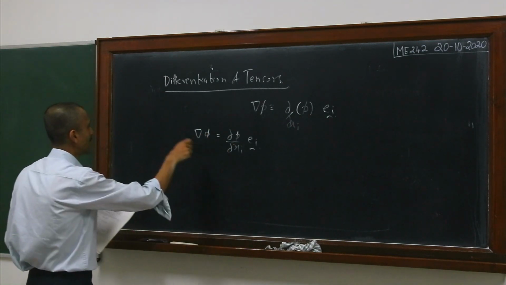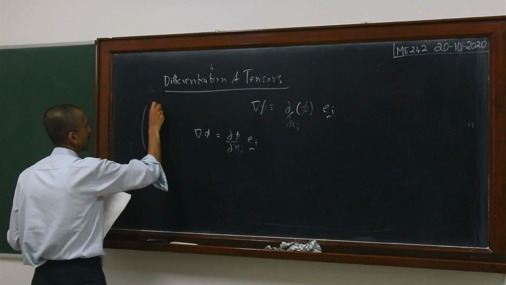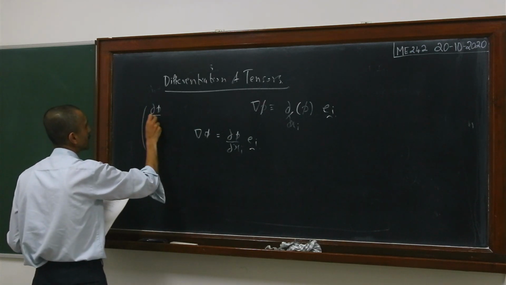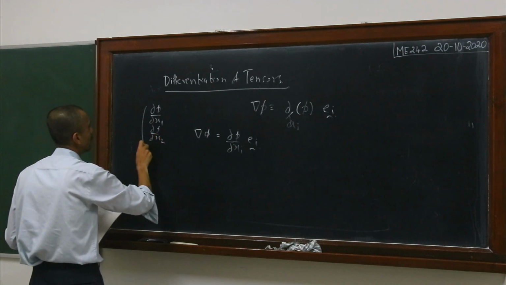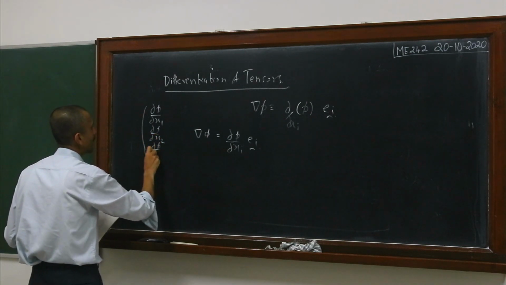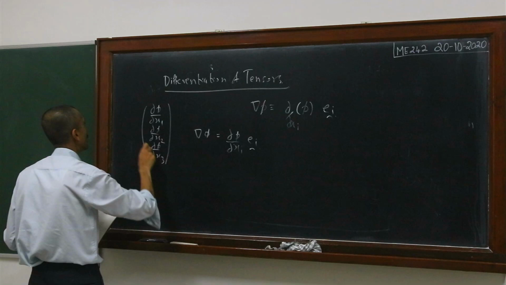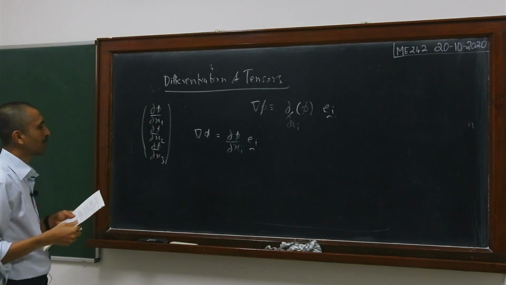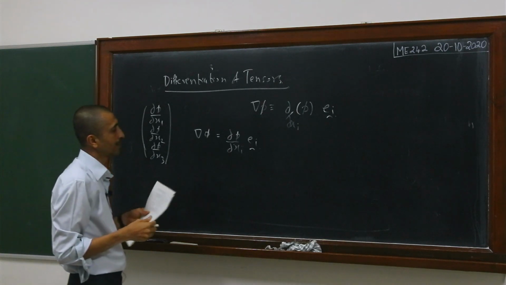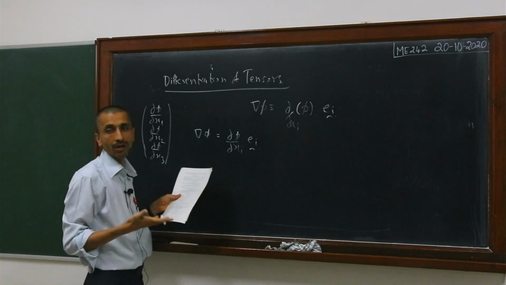If I write it in a vector form, that is just del phi by del x1, del phi by del x2, and del phi by del x3. These are the components of this vector. What you will note is that differentiation will raise the order of the tensor by 1.